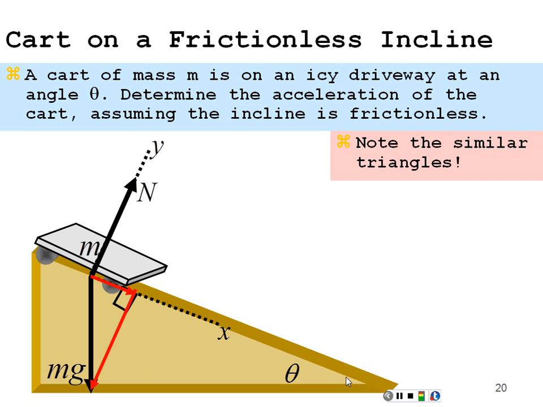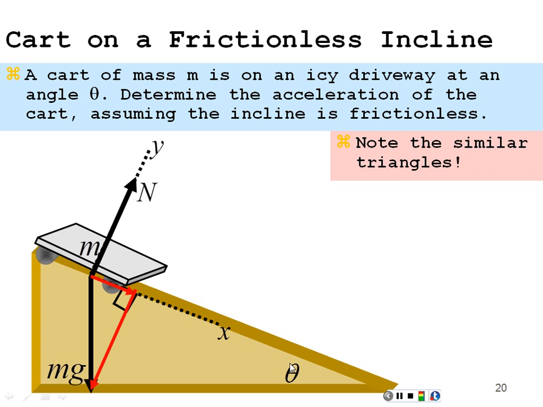Now, if I look at these triangles, look at this big triangle right here, the one that has theta on the incline. That is a right triangle, with a right angle right here. That means this big angle up here that I haven't identified is 90 minus theta, because they have to be complementary in a right triangle.